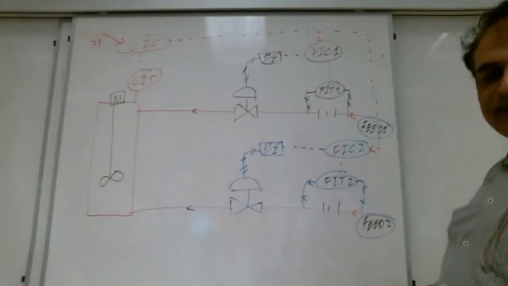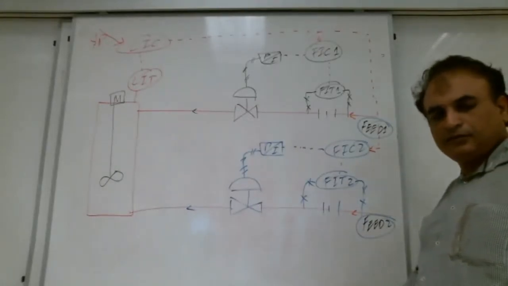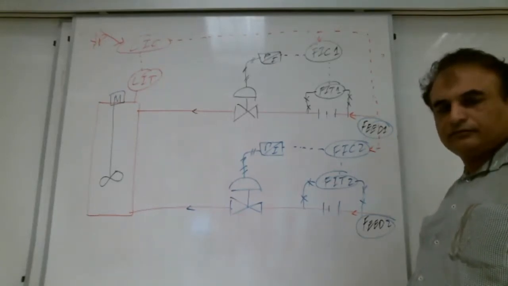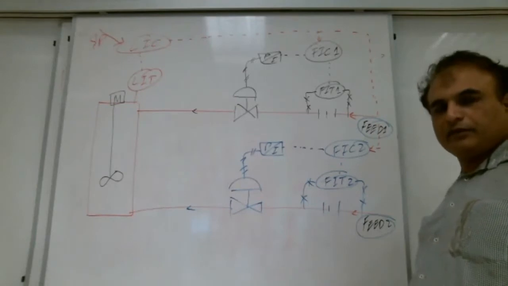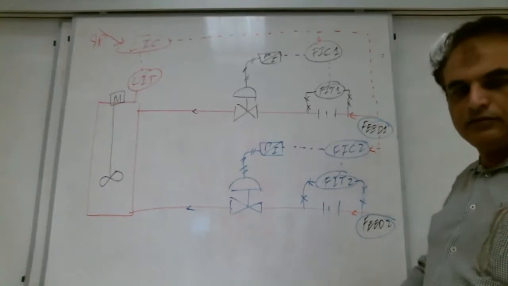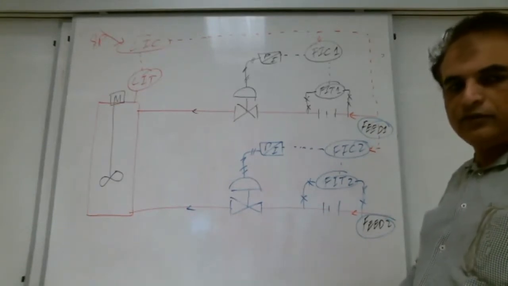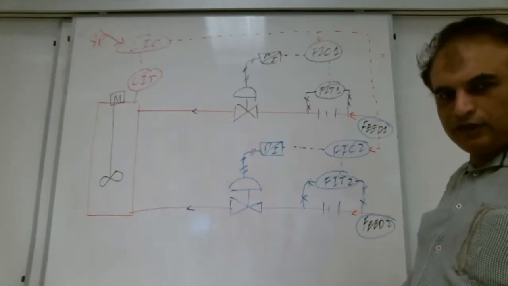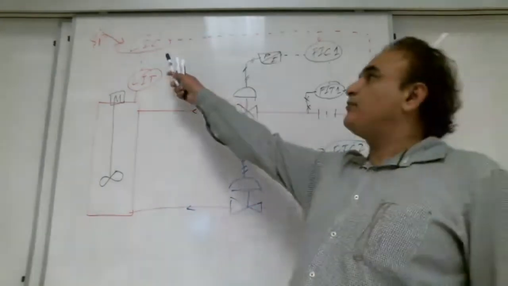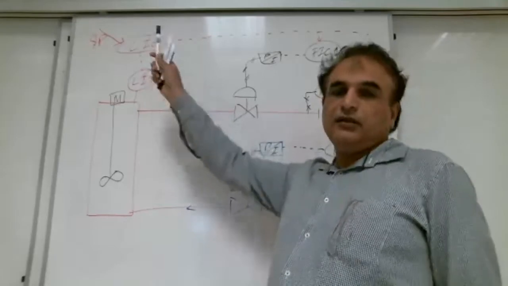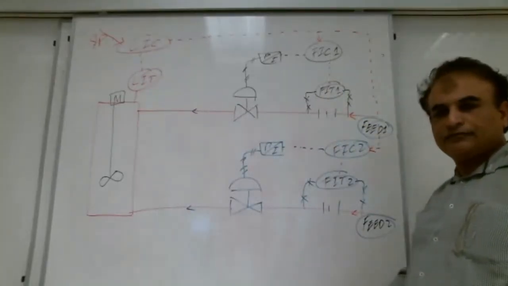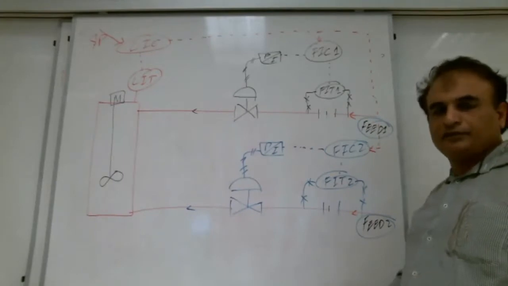So which one is the master controller, Shabab? Which one is the primary controller? Level. Yes, a lot of brothers are writing level. So this one is the primary controller, right? How many slave controllers, how many secondary controllers we have? Two. Two secondary controllers.